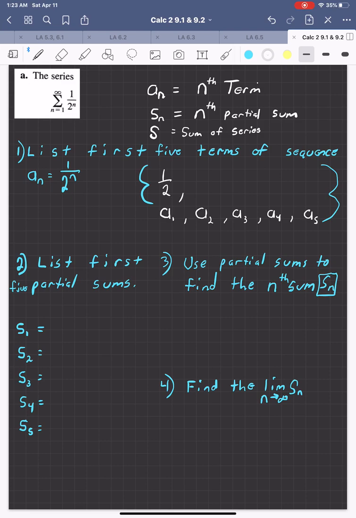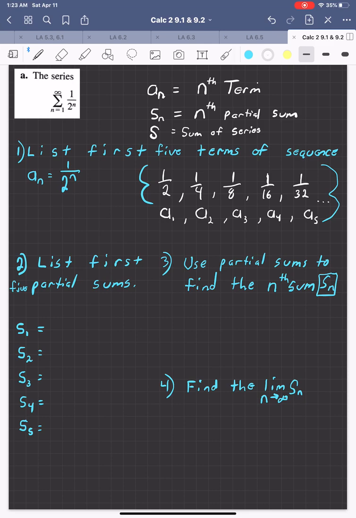So that's the very first term in the sequence. Now you plug a 2 in for n, and you would get 1/4. That's the second term of the sequence. Then 1/8, 1/16, and 1/32. Now I'm going to stop here because I just wanted to list the first 5 terms.